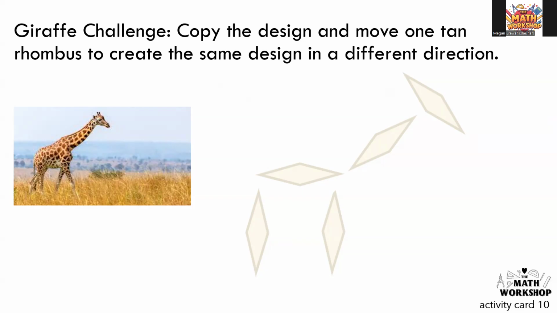And we ask students, can you create the same design, the same giraffe, in a different direction, but you can only move one tan rhombus. That's all you can move. And in our activity kits, in our pattern block kits, we have an answer key. This one is really challenging, but a lot of fun.